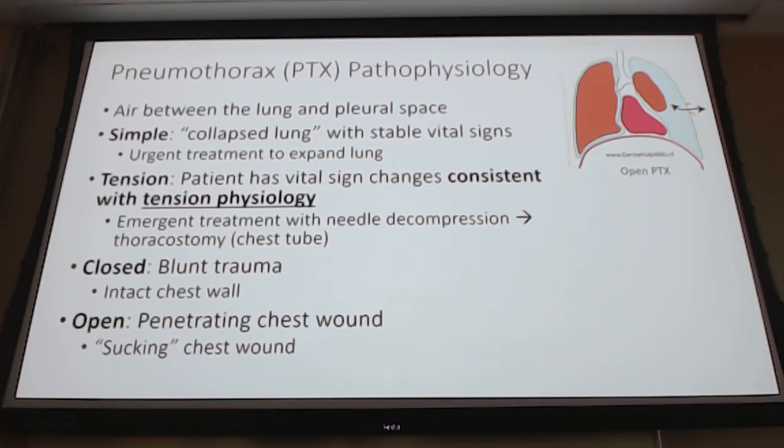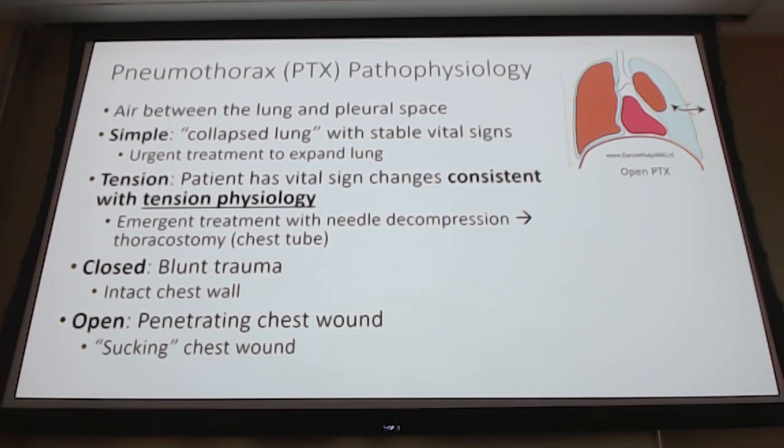So this is going to be pretty much your spontaneous. Okay? If you have a penetrating or open, you have that sucking chest wound, meaning that there's a connection between the lung, the lining of the chest wall, and the outside air. Okay, when you breathe in, it actually sucks air into the chest.